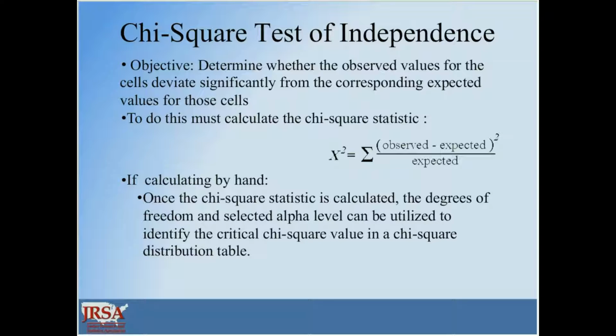This procedure not only takes the observed distribution, which is what you have, it calculates what the expected distribution would be if there was no relationship, and then determines the difference between what you have and what would be expected if you did not have a relationship. That value is utilized to calculate a chi-square statistic.